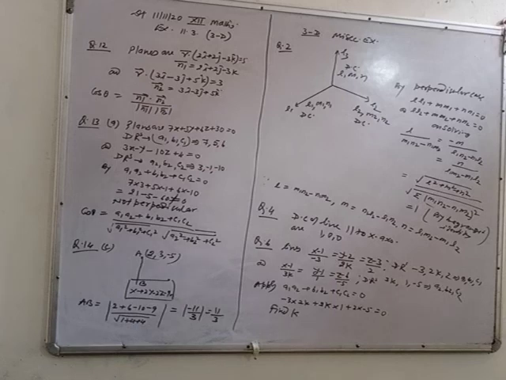The DRs of the first line, written in the denominator, are -3, 2k, 2. You can take them as a1, b1, c1, and the DRs of the second line are 3k, 1, -1. You can take them as a2, b2, c2. Now apply a1 a2 + b1 b2 + c1 c2 = 0 and find the value of k.